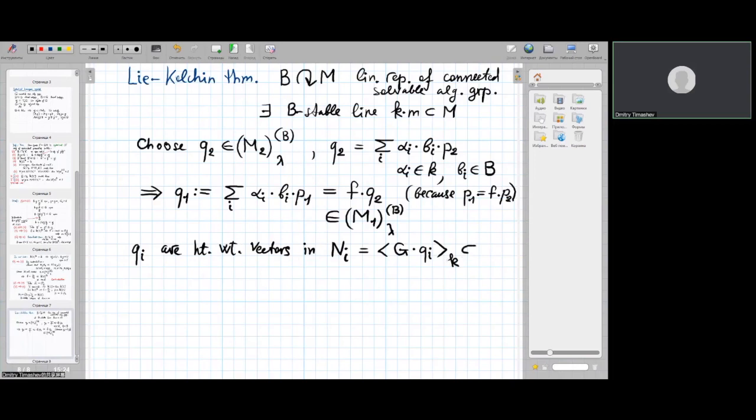It is a G-submodule in the algebra of regular functions with one and the same highest weight lambda.